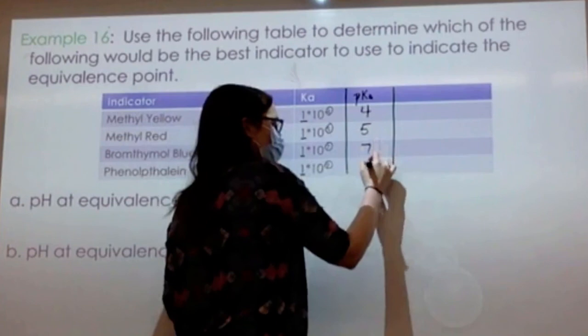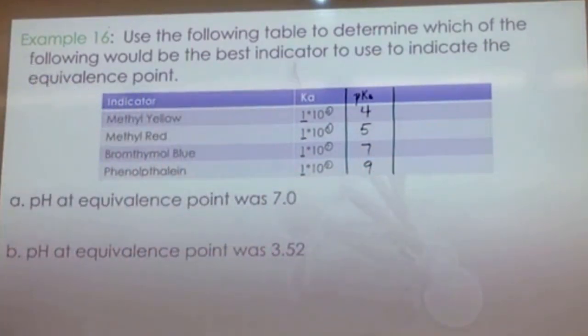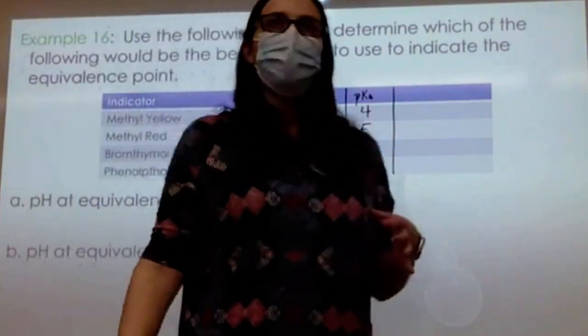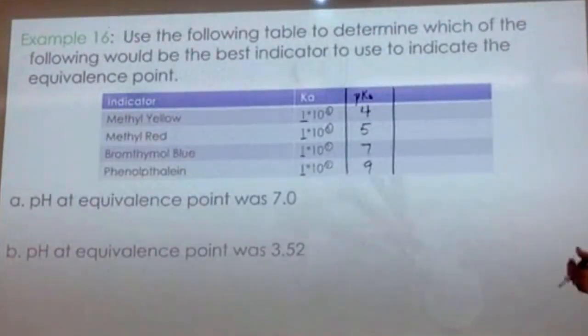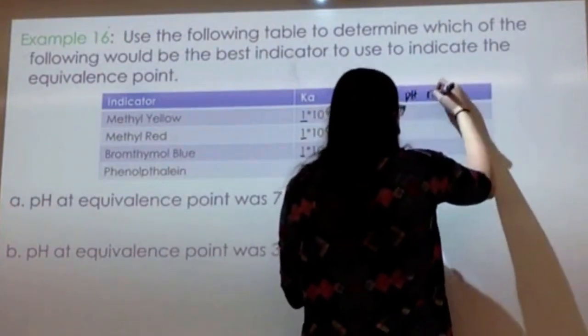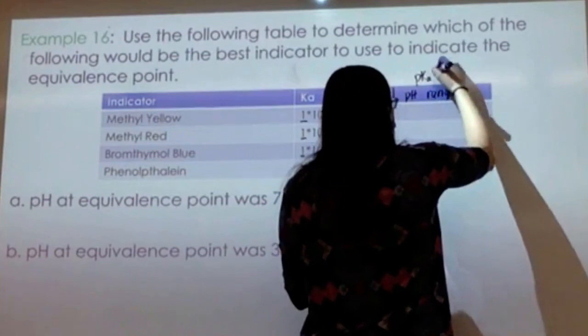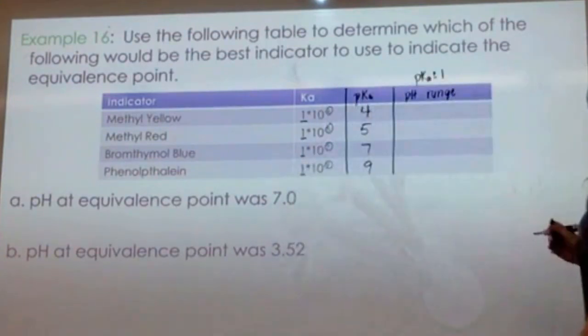5, 7, and 9. Now the importance of pKa is that the pH range is pKa plus or minus 1. So here I'm going to add pH range, and that is pKa plus or minus 1. What you need to know about indicators is what range they change.